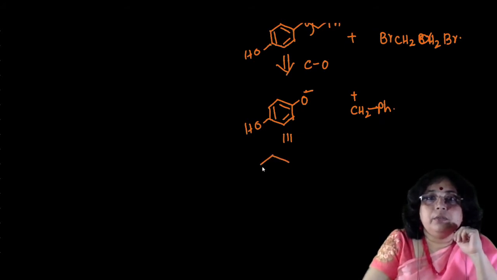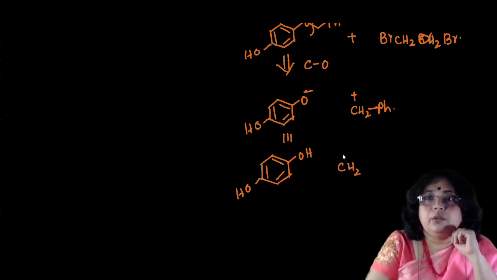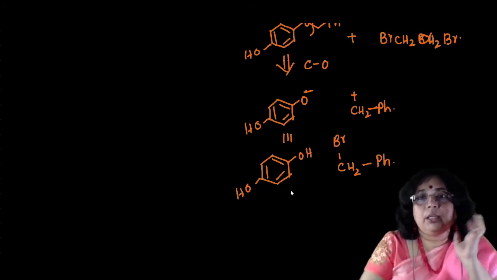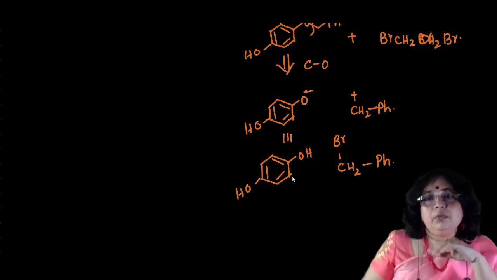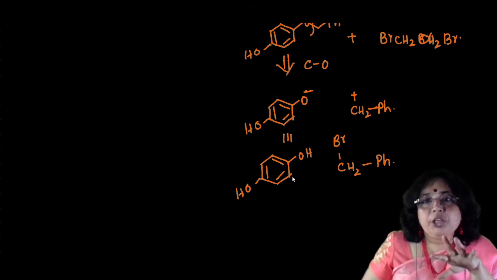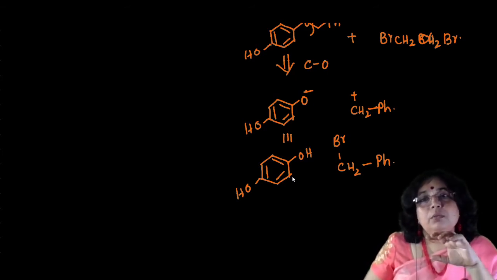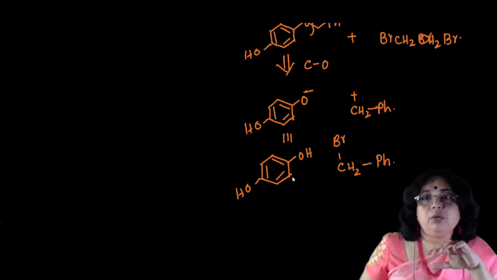Now here just putting H, you can have the OH, and here you can put a Br. Now these are the synthetic equivalents. Now till now we have finished the analysis part of the molecule.